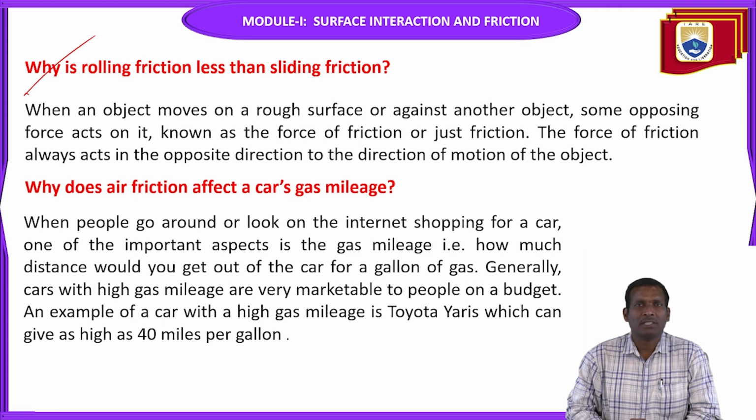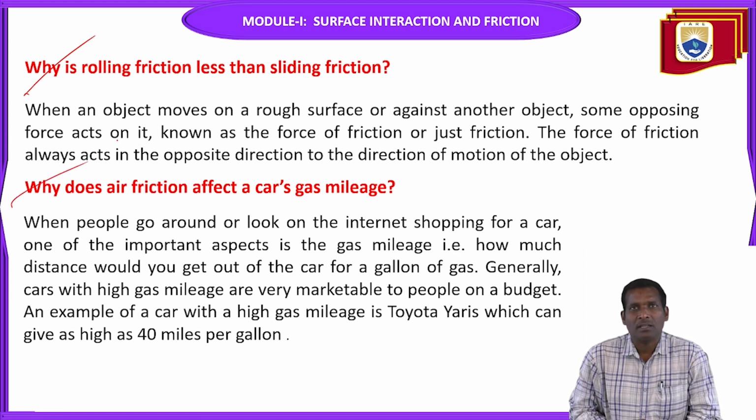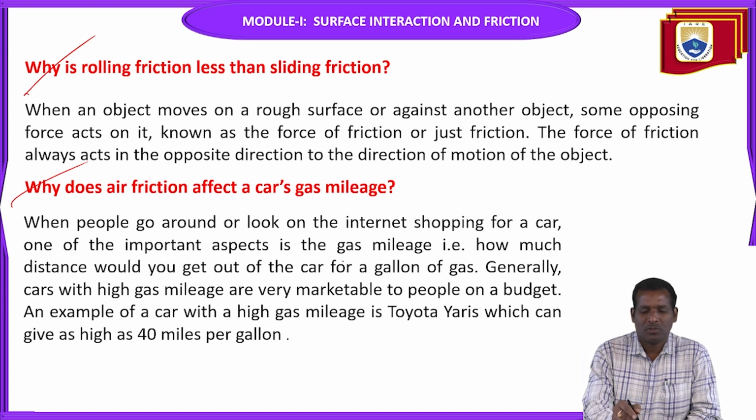So why does air friction affect a car's gas mileage? What is the effect of friction on a car's gas mileage? When people go around or look on the internet shopping for a car, one of the important aspects is the gas mileage, how much it gives.